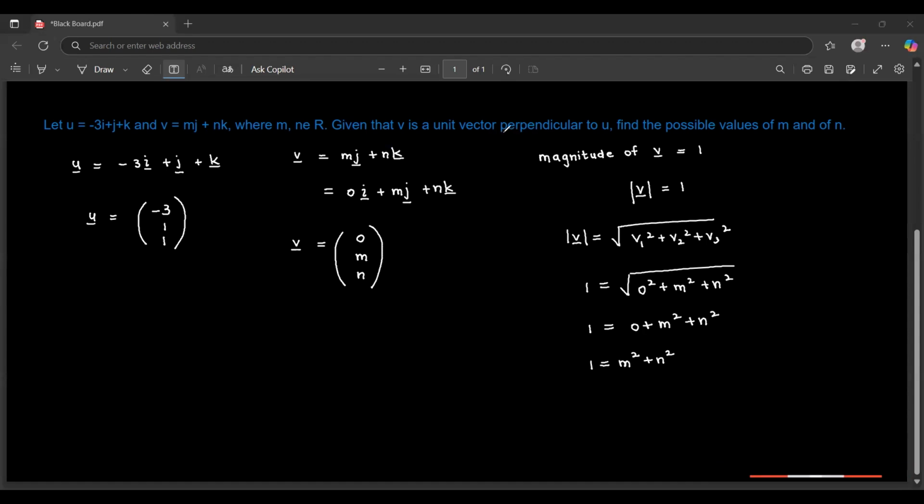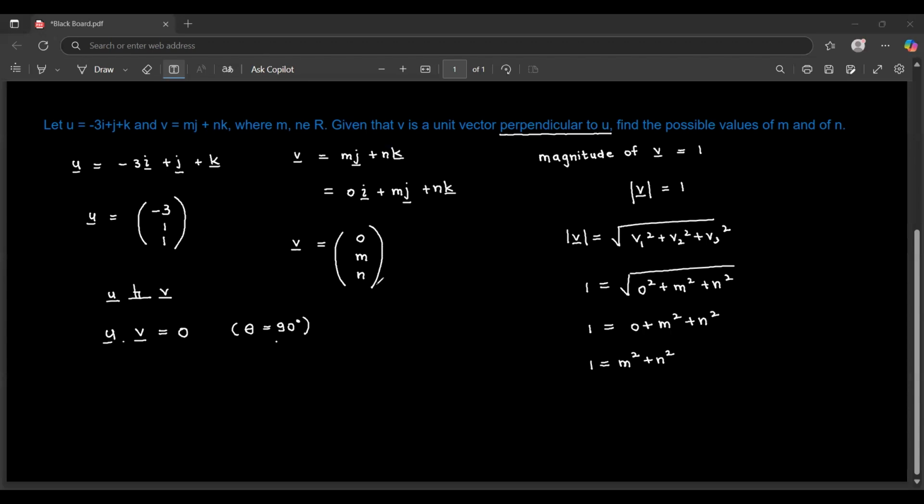Then they are saying the vector v is perpendicular to u. So we know if two vectors are perpendicular to each other, the dot product between them will be equal to 0. Why? The angle between them is equal to 90 degrees. So the dot product must be 0.